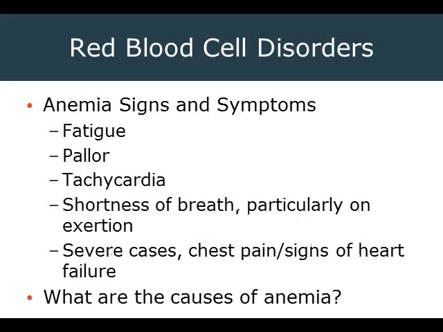So signs and symptoms of anemia: fatigue, pallor, tachycardia, shortness of breath, particularly on exertion. They maybe have enough red cells to supply them while sitting around doing nothing, but once they get up to go do something, they get dyspnea upon exertion.